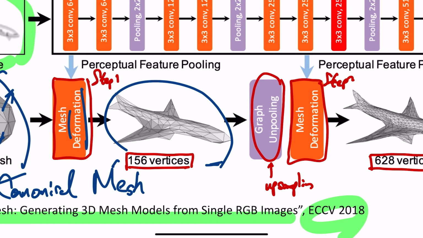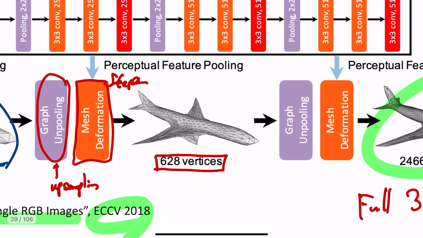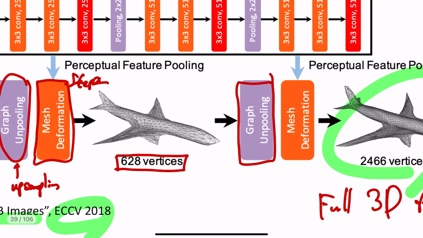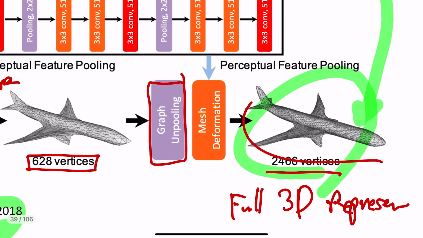In step 2, we deform the 628 vertices. And then by using an additional upsampling layer, we deform 2,466 vertices, for a highly detailed 3D representation.